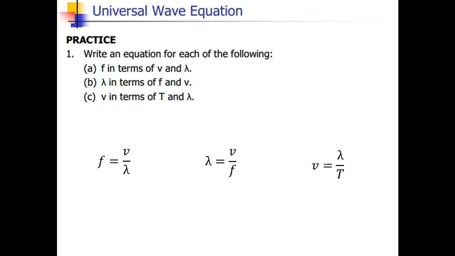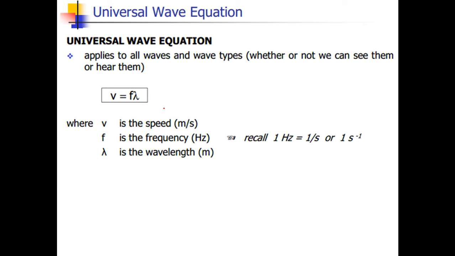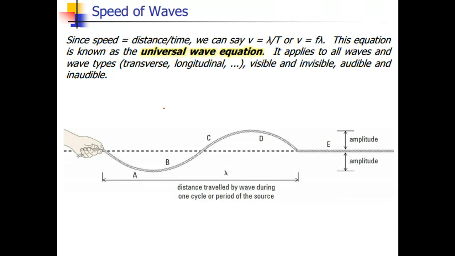And in terms of v and T, speed is equal to the wavelength divided by the period, because remember there were two formulas. Go back, right here. We're just rearranging that.